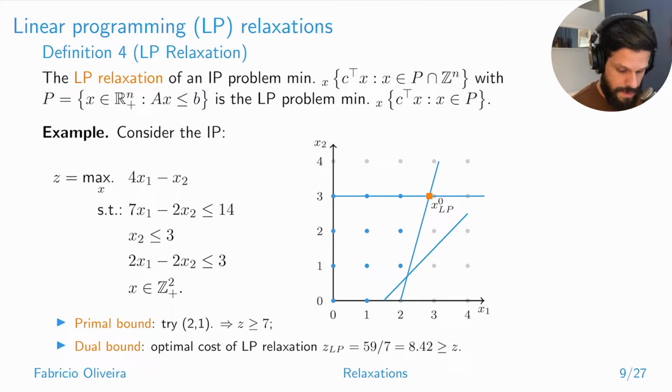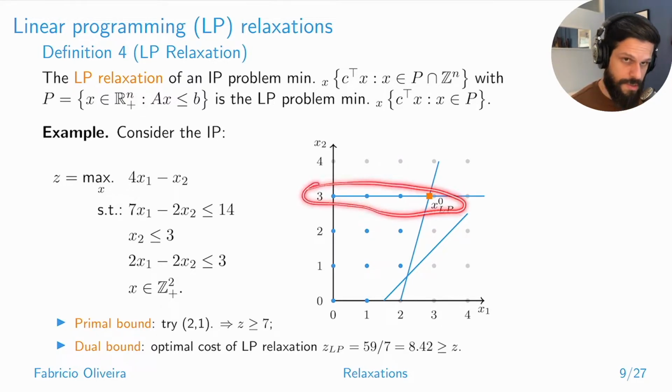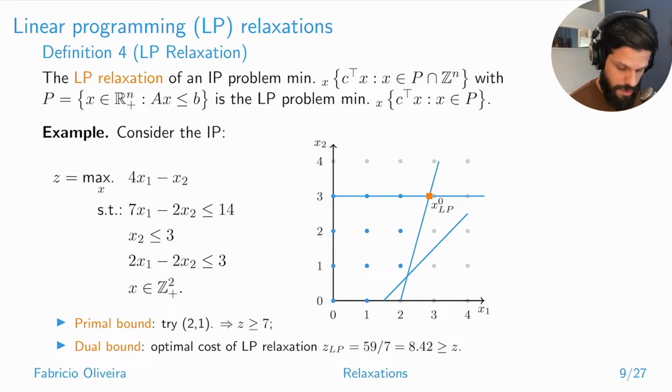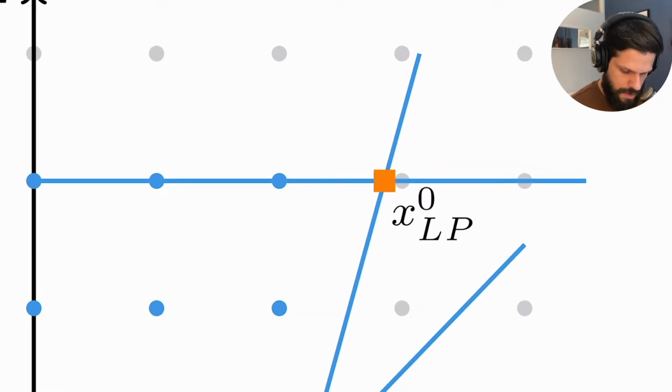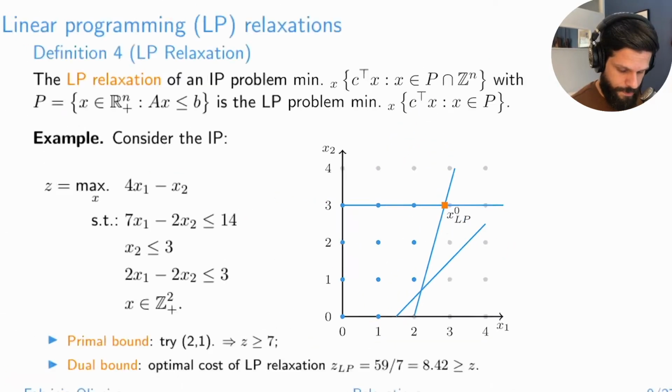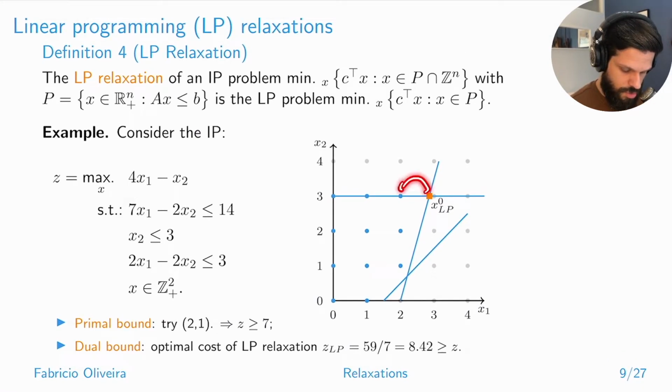In this case, for example, when you solve the LP relaxation, it so turns out that your x2 component is integer, and x1 is 2 point something. So what you would do is round x1 either to 3, which we can see here will be infeasible, or you could round it to 2, which will take you to this solution 2, 3.